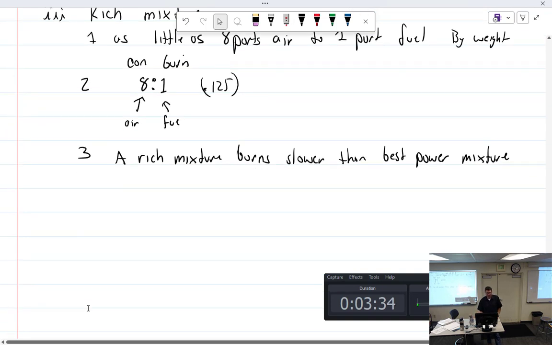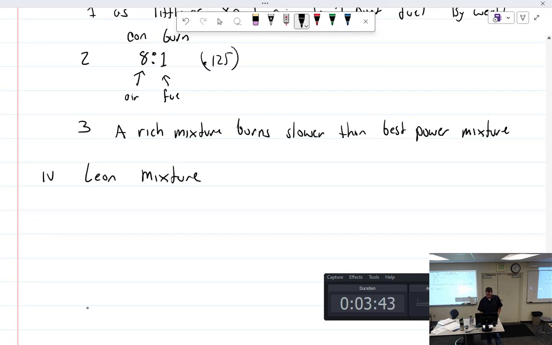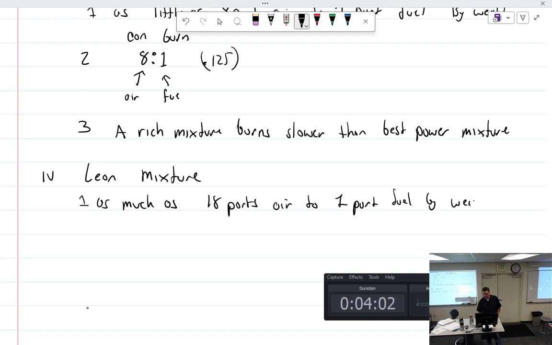All right, lean mixture. As much as 18 parts air to 1 part fuel by weight.